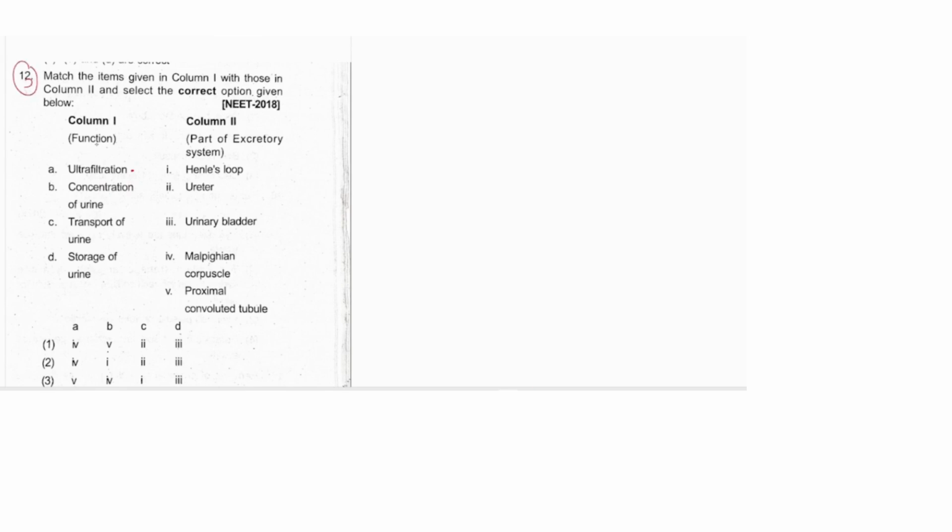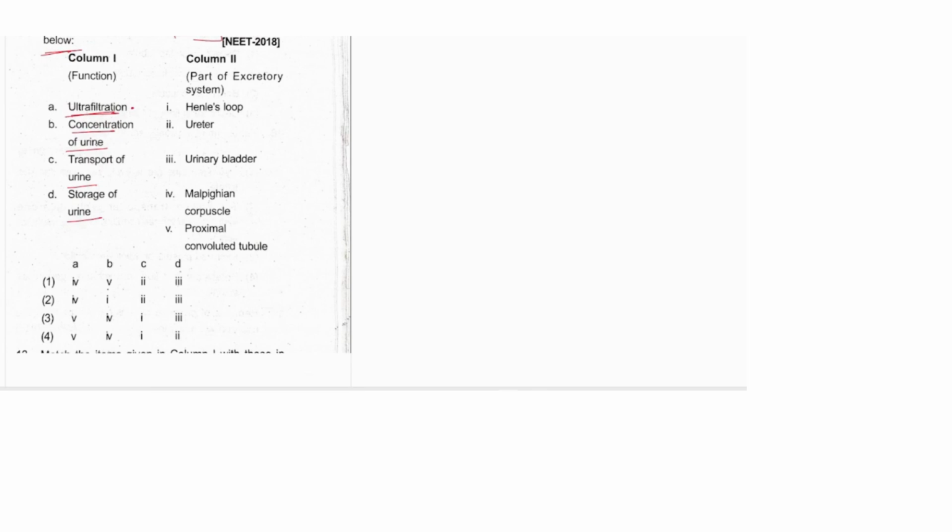Match the items given in column 1 with those in column 2 and select the correct option given below. Okay, so ultrafiltration, concentrated urine, transport of the urine and the storage of the urine. As I told you in the previous questions, ultrafiltration, at least I told you about the concentration of the urine. Okay, so concentrated urine or concentration of the urine, in which part have we seen it?